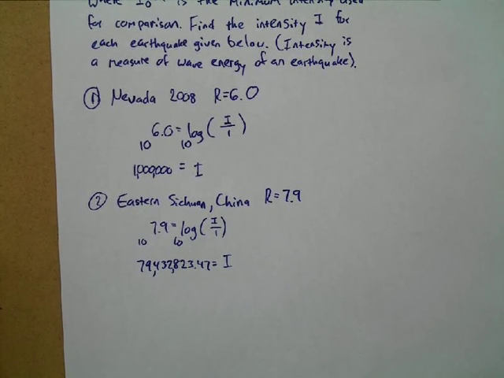So what that really means is on the Richter scale, every time you go up by 1 point, you're going up by a power of 10 more intensity. The difference between an earthquake at a 6.0 and one at a 7.0 is that the 7.0 is 10 times more intense than the 6.0, and so on to the 8.0, the 9.0. It goes up in orders of 10. It's 10 times as strong, not just 1 more.